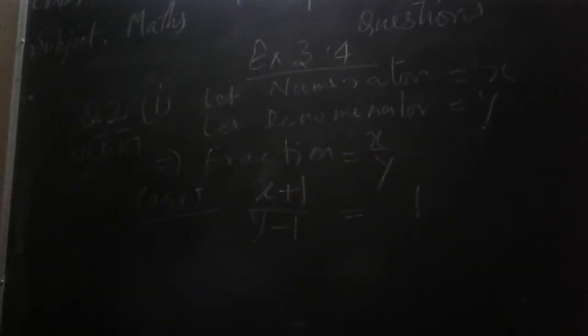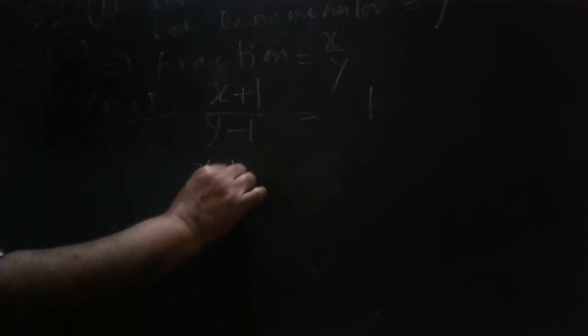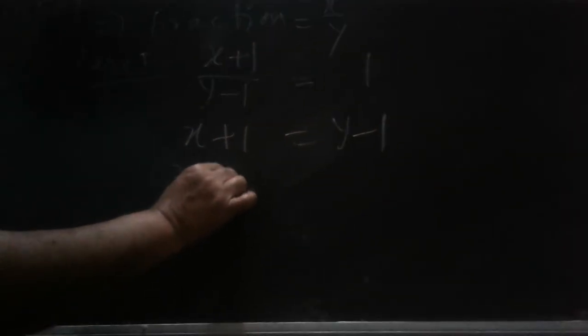Now we convert into a pair of linear equations in two variables by cross multiplication: x minus y equals minus 1 minus 1, and we obtain the equation x minus y is equal to minus 2. This is the first linear equation in two variables according to the condition.